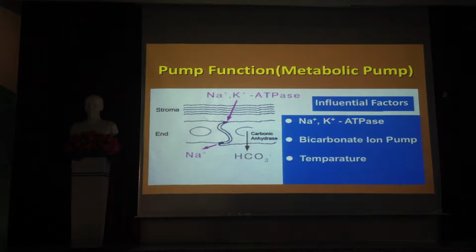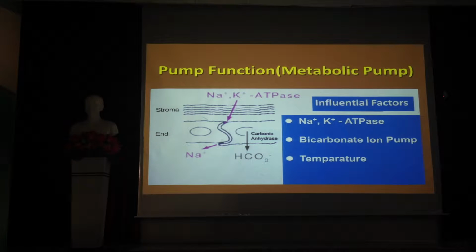Pump function is metabolic because of the abundance of mitochondria. Mitochondria make lots of ATP, the energy source of the sodium potassium ATPase and also the bicarbonate ion pump. These two pumps are the key to drawing water from the corneal stroma into the aqueous humor.